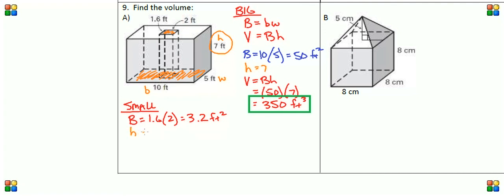So our height is equal to 7, which means our volume is going to be equal to base area times height, which is 3.2 times 7. I don't want to have you guys make a mistake here, so let's go ahead and multiply this out.